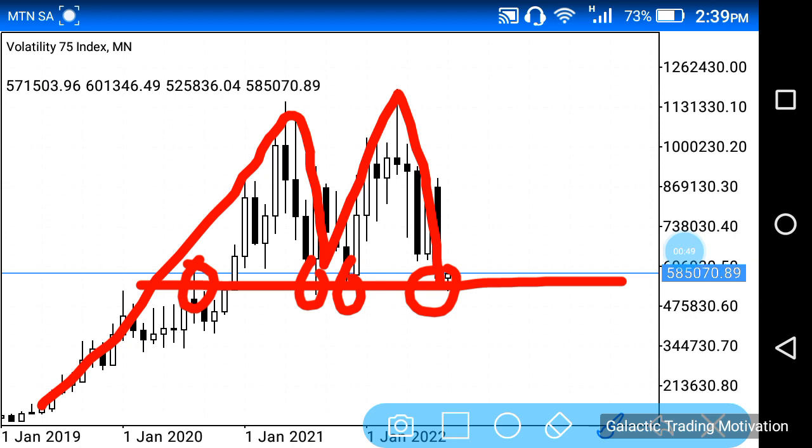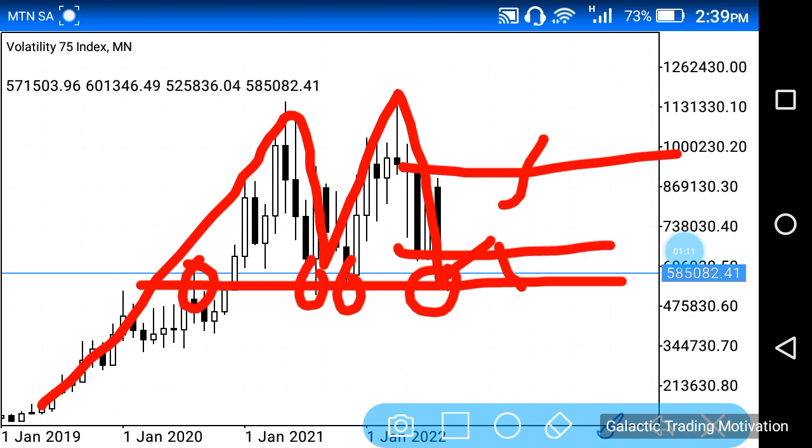What may actually happen at this point in time is that, as much as we have this very nice M structure, price may push further up to at least this level over here, which is also a very strong level of resistance, and we might possibly see price push even further up to around this level here, which is also a very strong level of resistance, right?